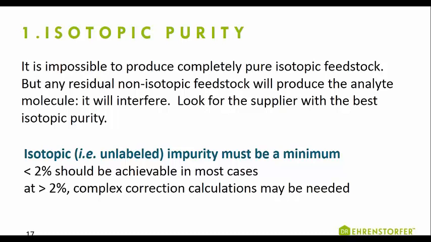Not a good idea when this is the very substance you're trying to measure at very trace levels. As a general rule, if your isotopic internal standards contains more than 2% of a conventional molecule, then you'll need to do some quite complex correction calculations.